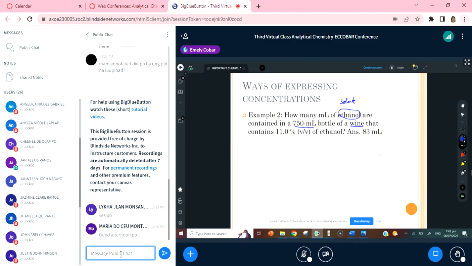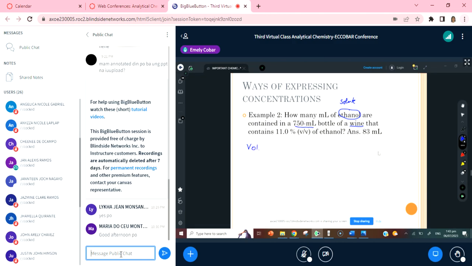Okay, ang solution natin, wine solution. Of course, we know that water is the solvent there. And so, ang tinatanong is, how many ml of the solute, how many ml of the ethanol are present, if we have 11% volume by volume? So, ibig sabihin, volume percent ang given, di ba?